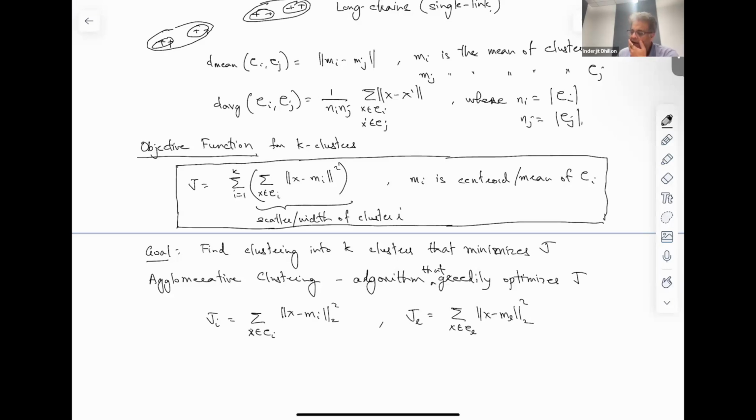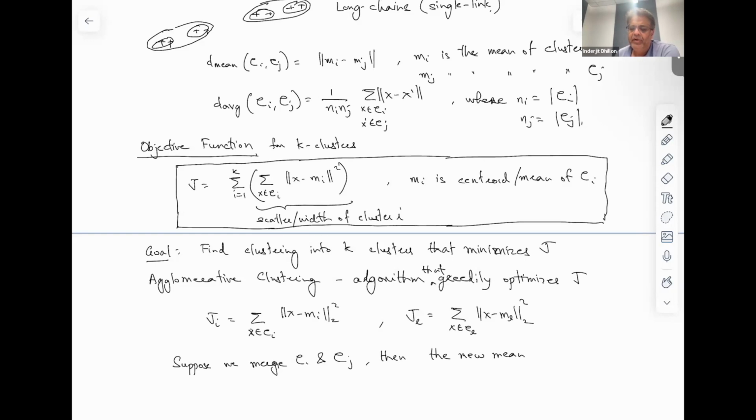Now, suppose we merge Ci and Cl. Then we'll get a new mean. Remember, this is the mean of cluster Ci, and this is the mean of cluster Cl.